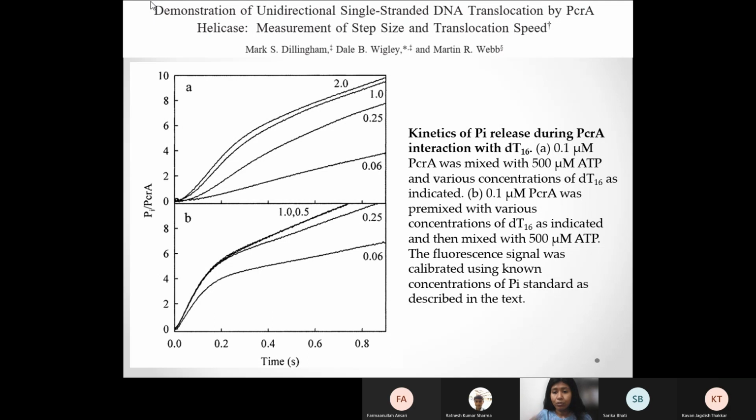Forster resonance energy transfer or fluorescence resonance energy transfer? Have you heard of it? And what do you understand by that? Ma'am, it is something used for fluorescently labeling specific regions of DNA and visualizing that inside the cell.